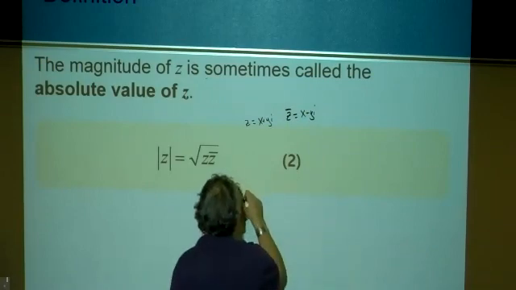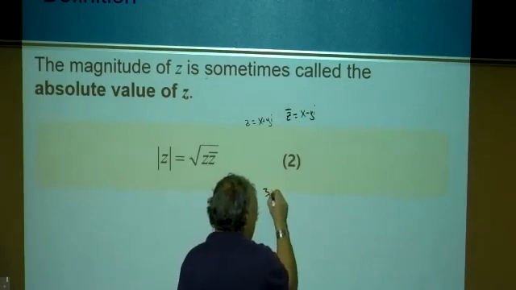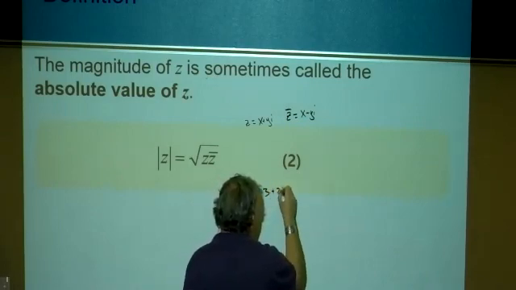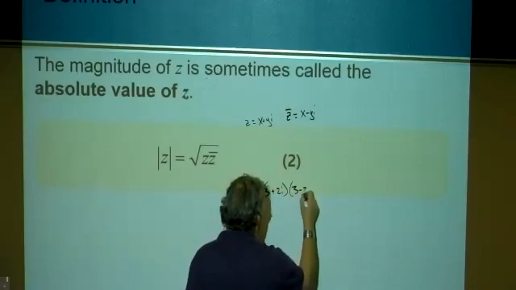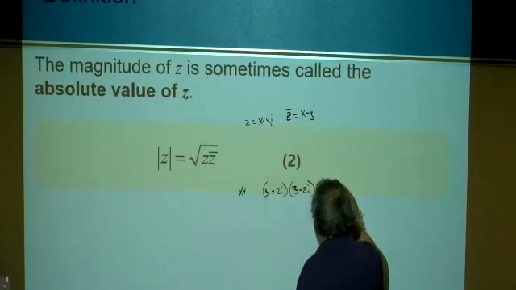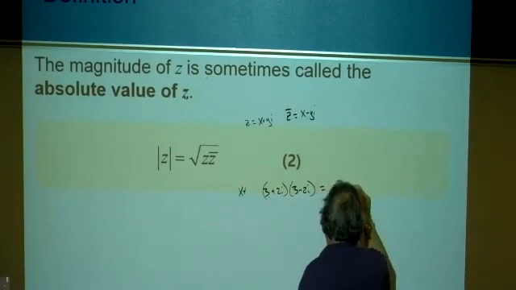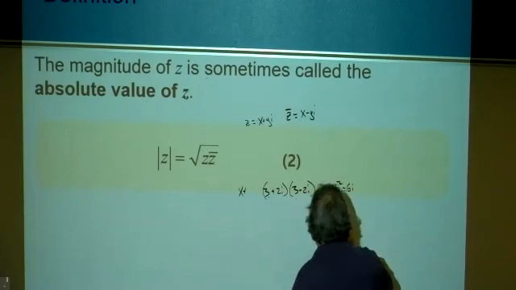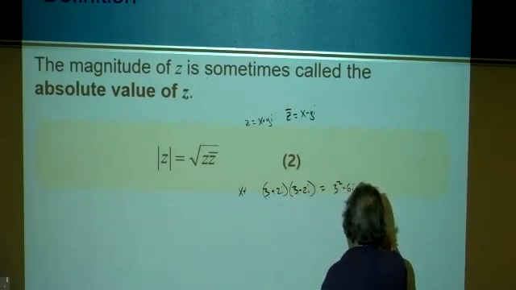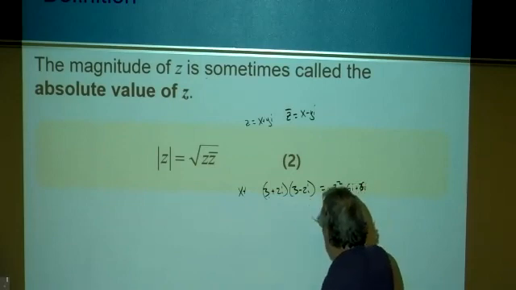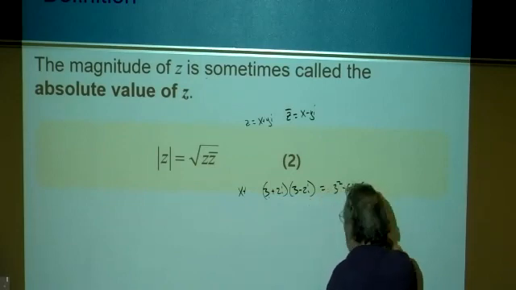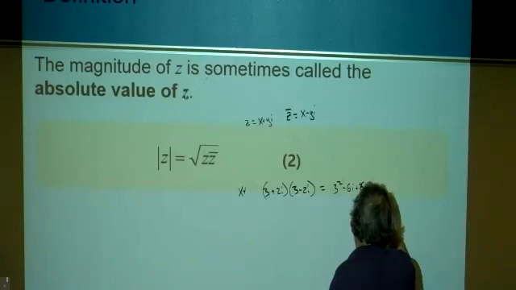Because when you multiply conjugate complex numbers, you get a real number. Let me do 3 plus 2i times 3 minus 2i, and we do the multiplication. So that's going to be 3 squared, and then 3 times minus 2i, which gives me a minus 6i, and then 2i times 3, which gives me plus 6i, and then 2i times minus 2i, which gives me a minus 4i squared.